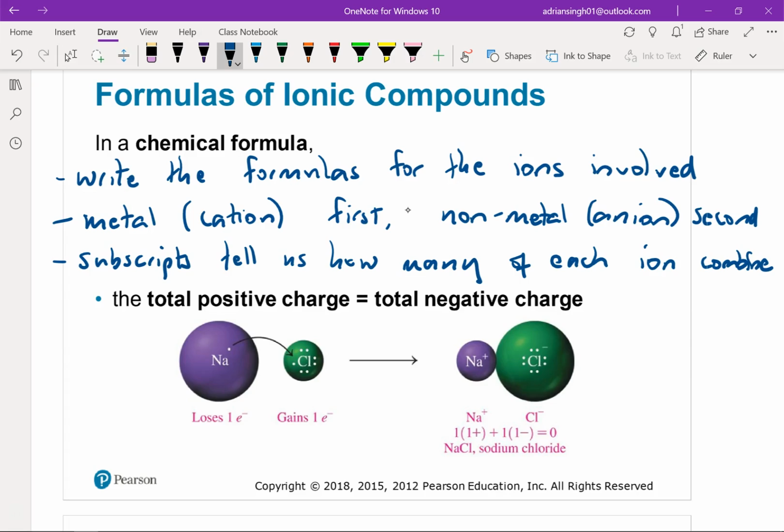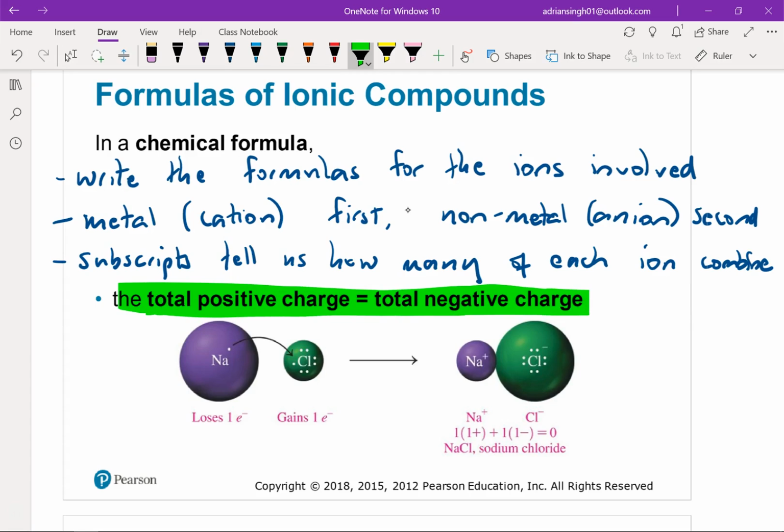All right, so one very important thing to keep in mind when it comes to writing and interpreting the chemical formulas is that the ionic compound, by definition, is overall neutral, and that means your total positive charge from your cation should equal the total negative charge from the anion. All right, so that's extremely important. All right, ionic compounds are neutral.